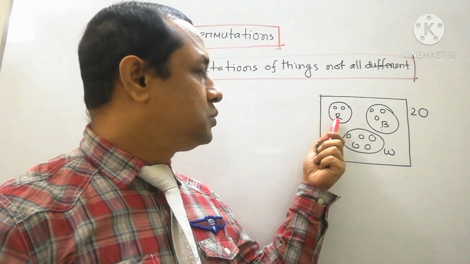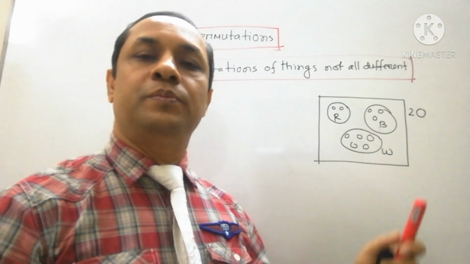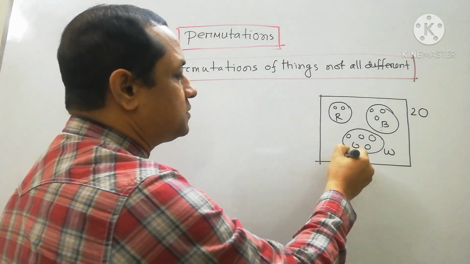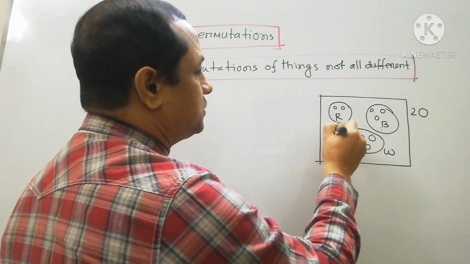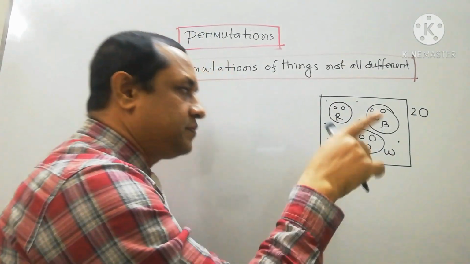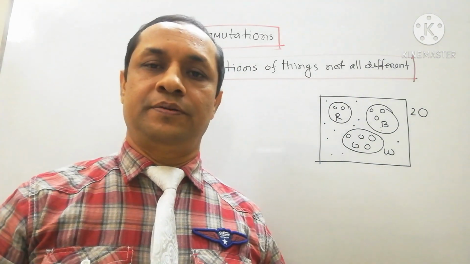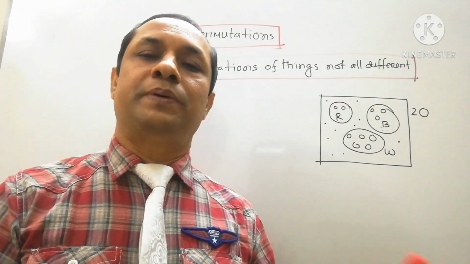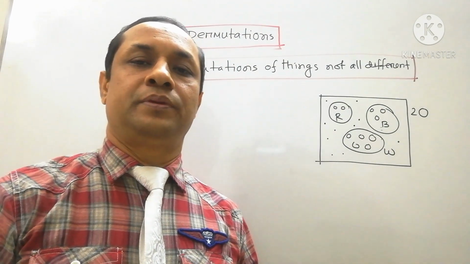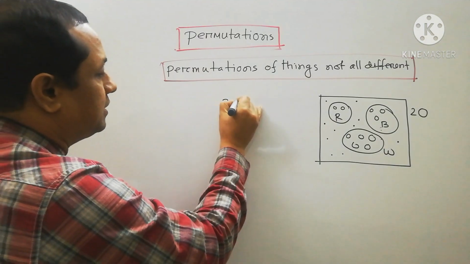Here 2 red balls, 3 black balls and 5 white balls, that is 2, 3, 5, that is 10, and the other balls are different: 1, 2, 3, 4, 5, 6, 7, 8, 9 and 10 are different balls. So all balls are not different. So students, what is the permutation? What is the arrangement? How many arrangements? So the arrangement is factorial 20.